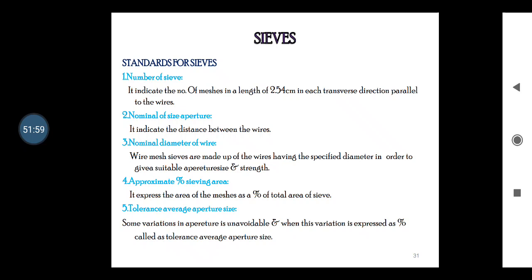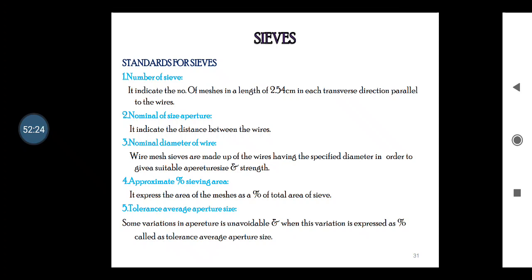The difference between these two is less than the allowable tolerances in weaving of the screen, so these are also known as test sieves. The specifications given should be matched exactly by the sieves used for pharmacopoeial testing.